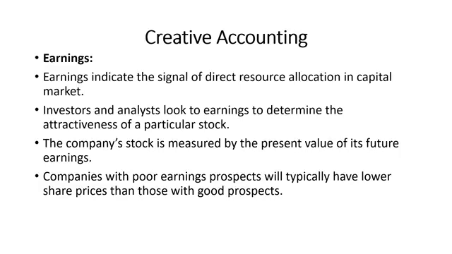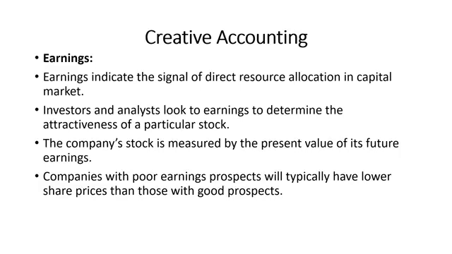We have talked about earnings, as earnings indicate the signal for direct resource allocation in the capital market, as investors and analysts look to earnings to determine the attractiveness of a particular stock. So if you are an investor or a financial analyst, you will look to the earnings of each company to determine whether you can invest in this company or not.